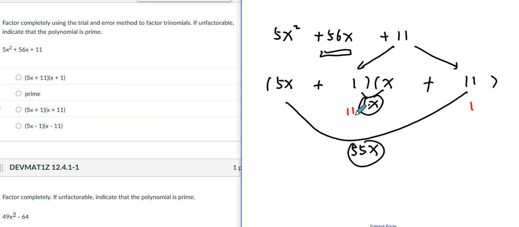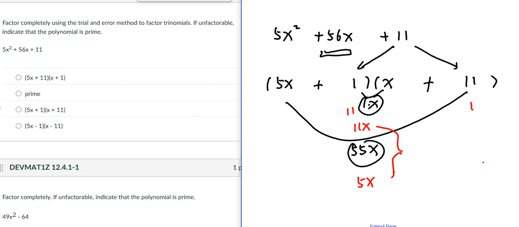If you do 11 here, and the 1 here, it is not going to work. 11 times x is 11x. And 1 times 5x is 5x.